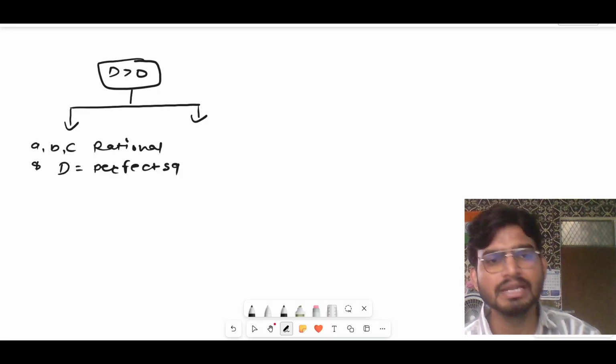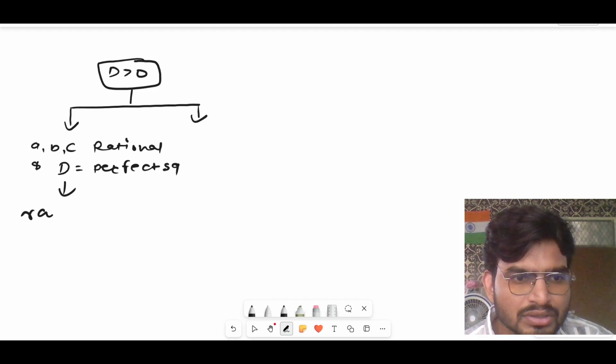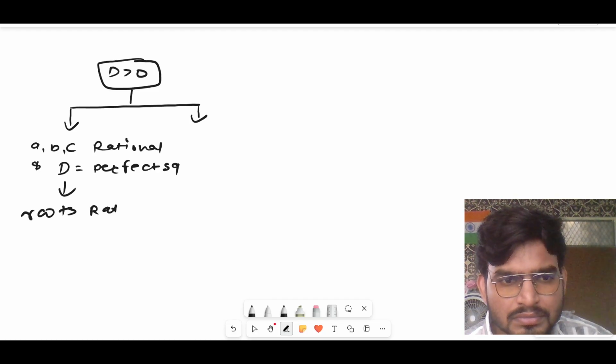If D is a perfect square and a, b, c are rational, then the roots will be rational.